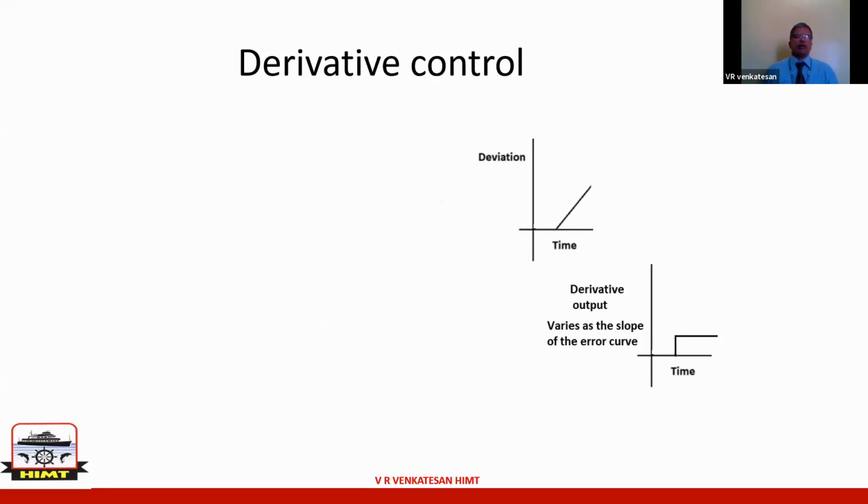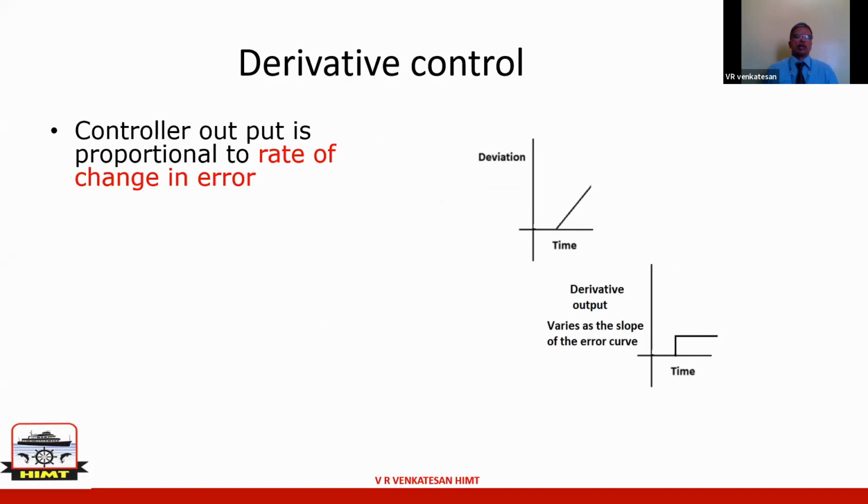Now, what is the meaning of derivative control? Here, the controller output is proportional to rate of change in the error, not at the value of the error. Rate of change means if you think of boiler water level, you don't bother about whether the water level is low or is it high, not at the value.